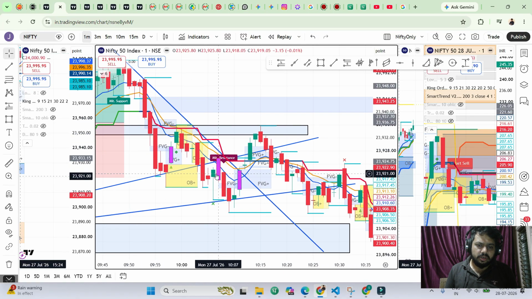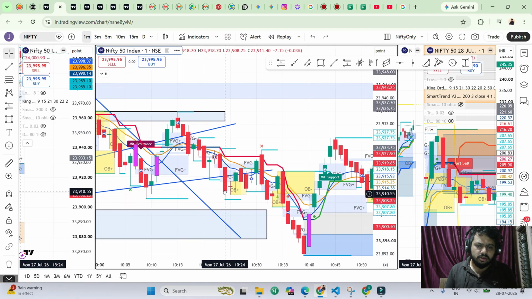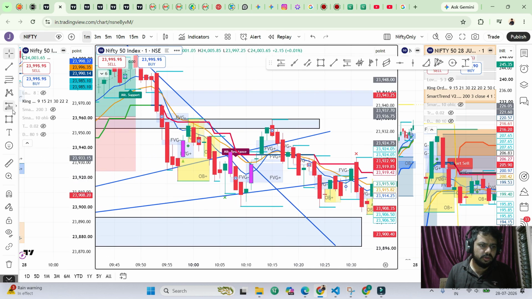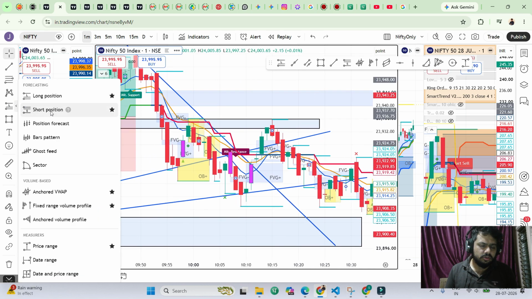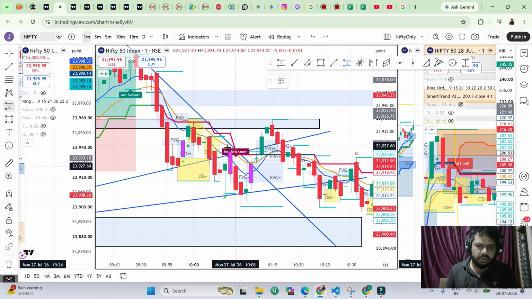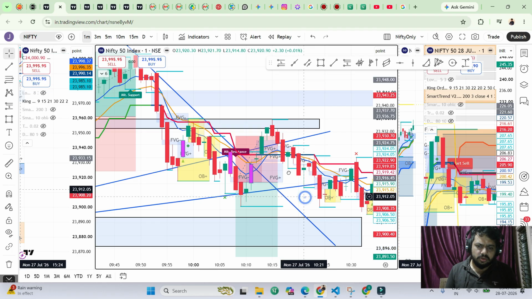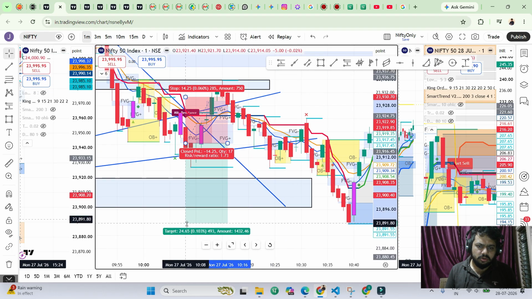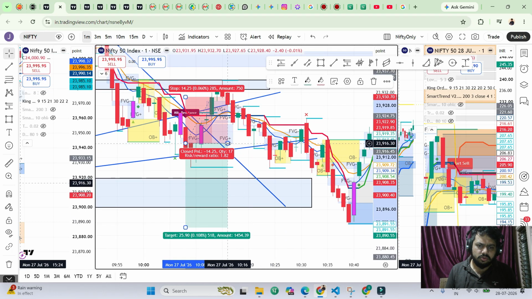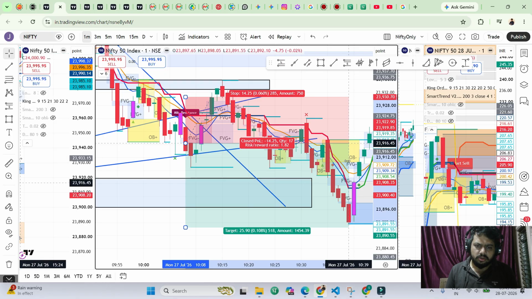Okay, then whenever you see here, you can see this one also, order block minus, it keeps on going and coming back here, and you can target this much, 1 raised to 2 you can keep.